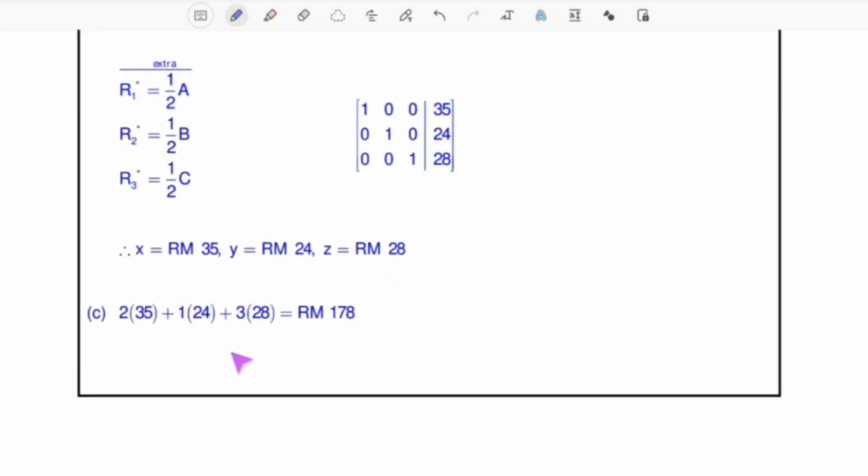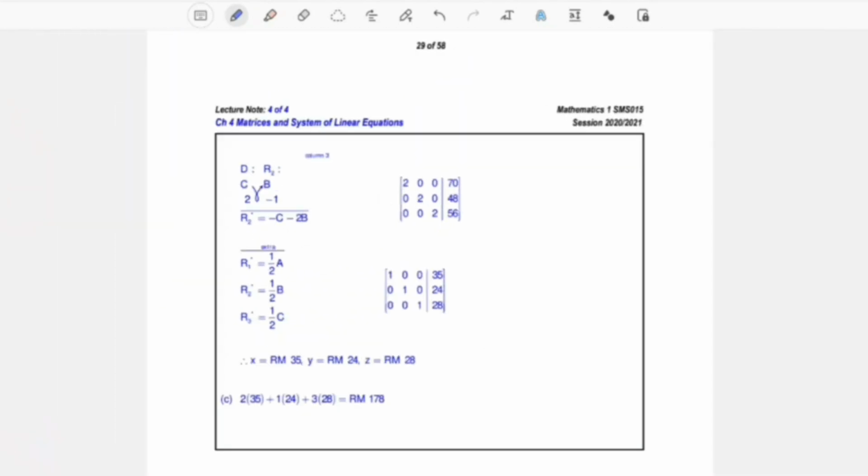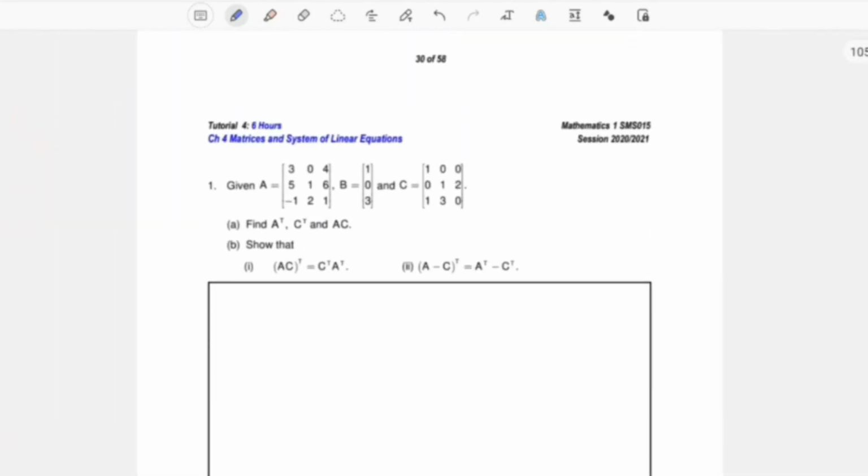Okay, since kita dah tahu nilai X, Y, Z, masukkan je lah 2X tadi kan, 2 darab 35 tambah 1Y. Okay, so 1 darab 24 tambah 3Z, 3 darab 28. Dapatlah 178. That's the end of lecture 4. Selamat membuat tutorial.